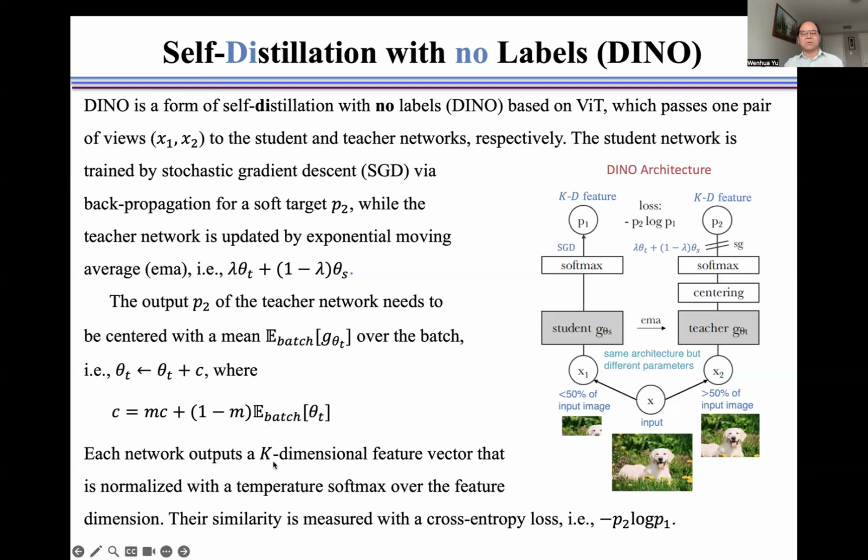Each network outputs a K-dimensional feature vector that is normalized with the temperature softmax over the feature dimension. Their similarities are measured with a cross entropy loss here.